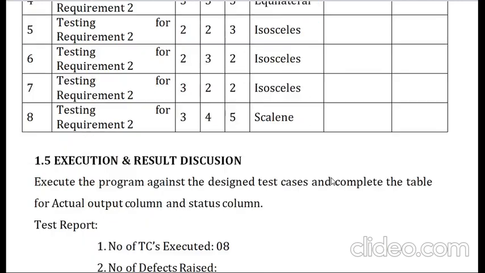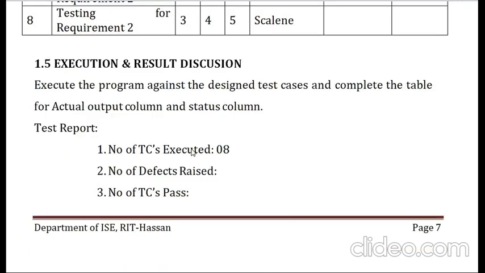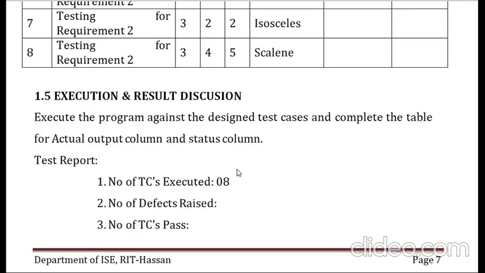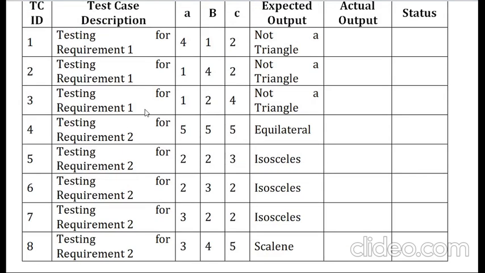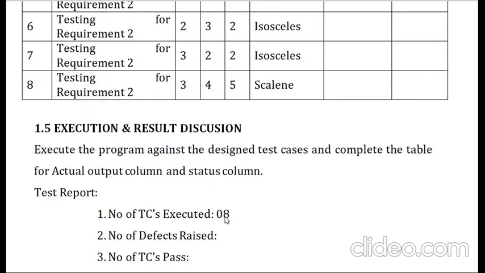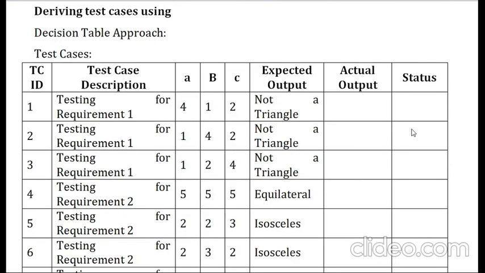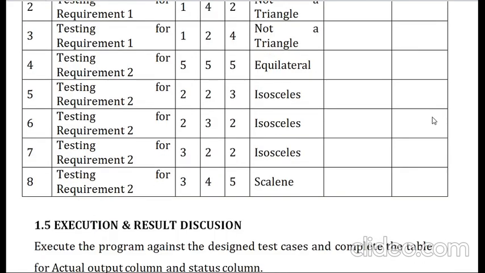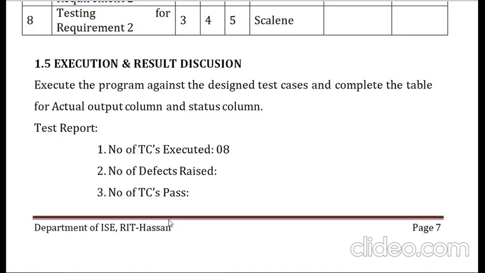After this, the execution and result discussion comes. After execution of the program we can give the test report here. Number of test cases executed, test case ID 1 to 8, so we execute 8 test cases. Number of defects raised, based on the status, if it is failed, we fill the number of defects after execution of the program.